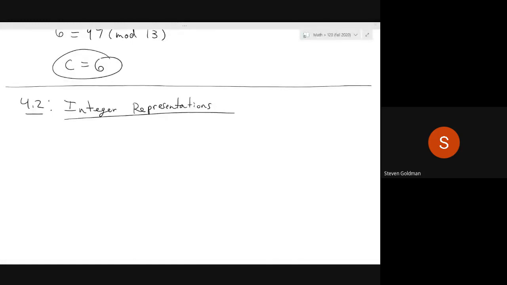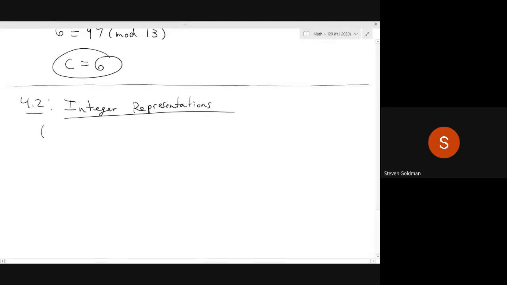In this section, we're going to discuss writing integers in different bases. Specifically base 2, which is also called binary, base 8, which is called octal, and base 16, which is also called hexadecimal. Our number system that we usually use is base 10, which is called decimal.